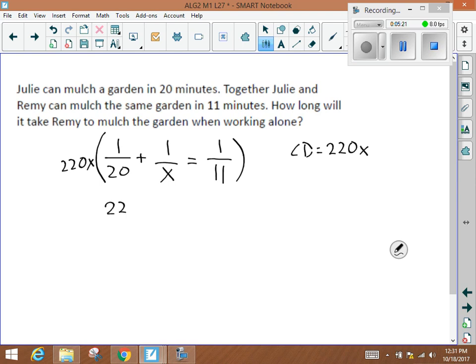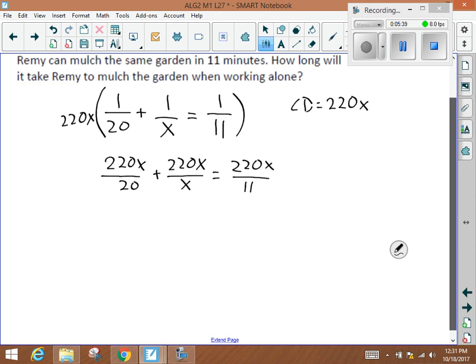So that'll give me 220x over 20 plus 220x over x equal to 220x over 11. Okay, when I divide this, I should be left with 11x here. When I divide this, I should be left with just 220.